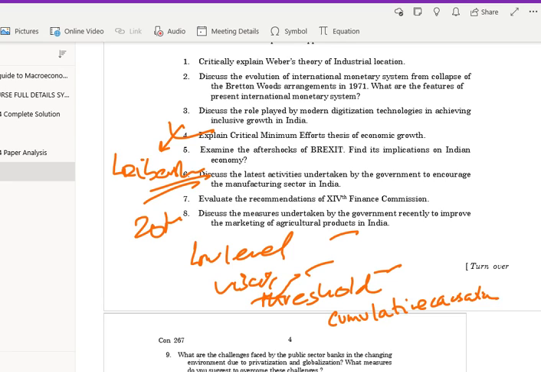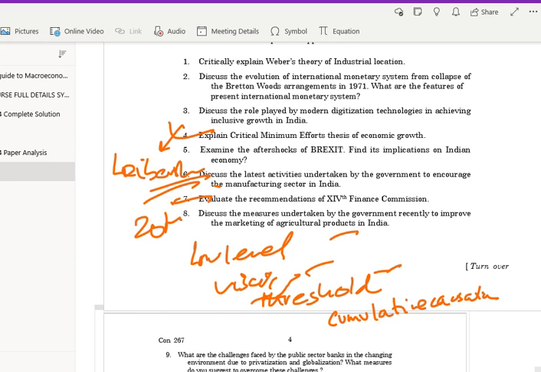Okay, now evaluate the recommendations of the 14th Finance Commission. So what do you have to give? The 14th Finance Commission, what has it given?